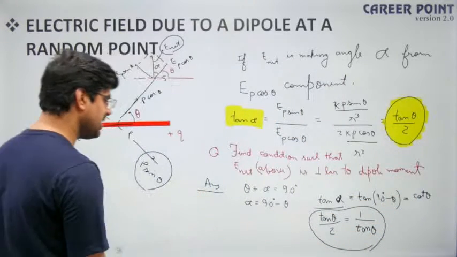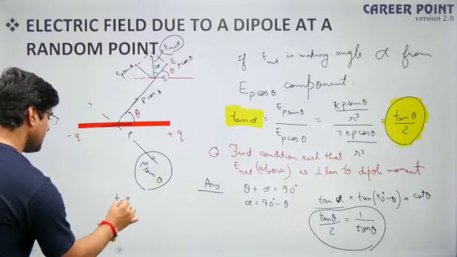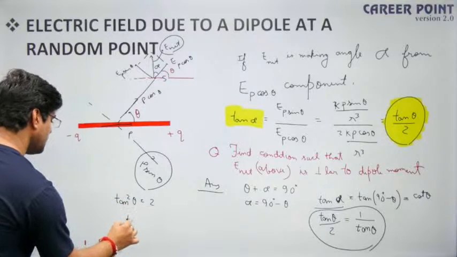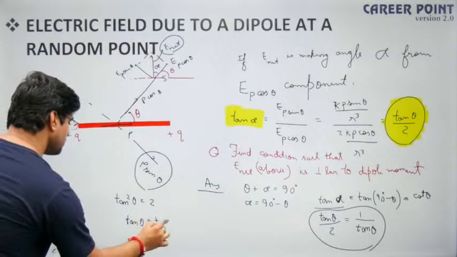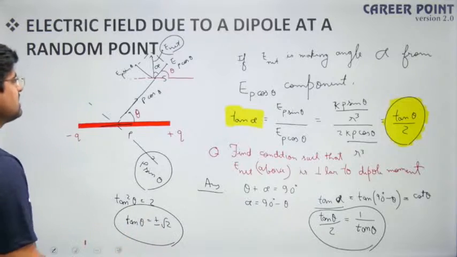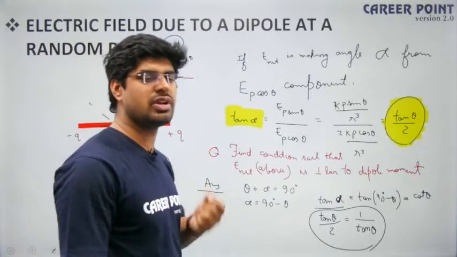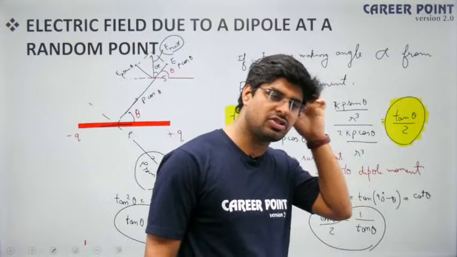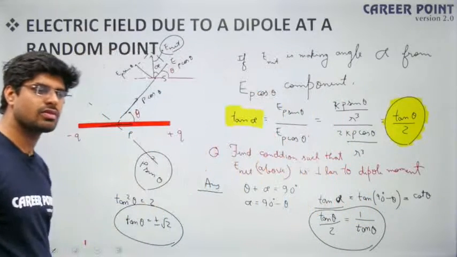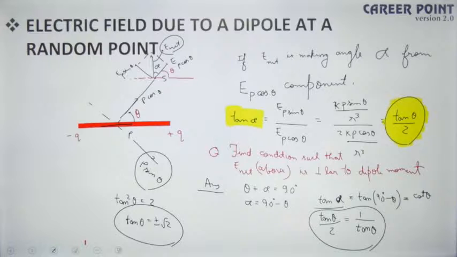So from here I am getting tan square theta is equal to 2, or tan theta is equal to plus minus root 2. This is the condition such that E net is actually perpendicular to horizontal, or perpendicular to dipole moment. I hope all of you understood it clearly. No problem. Let's proceed further.